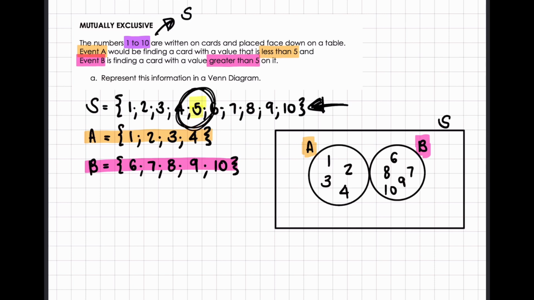The 5 hasn't been placed in either of the circles, but the 5 does belong within the sample space. So I'm going to place the 5 within the sample space, and now I've represented all of my information within the Venn diagram.